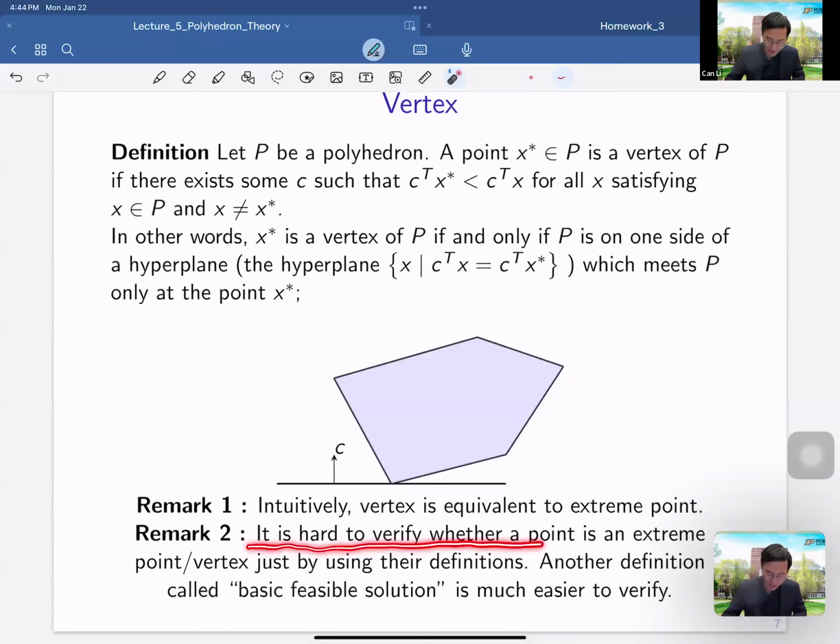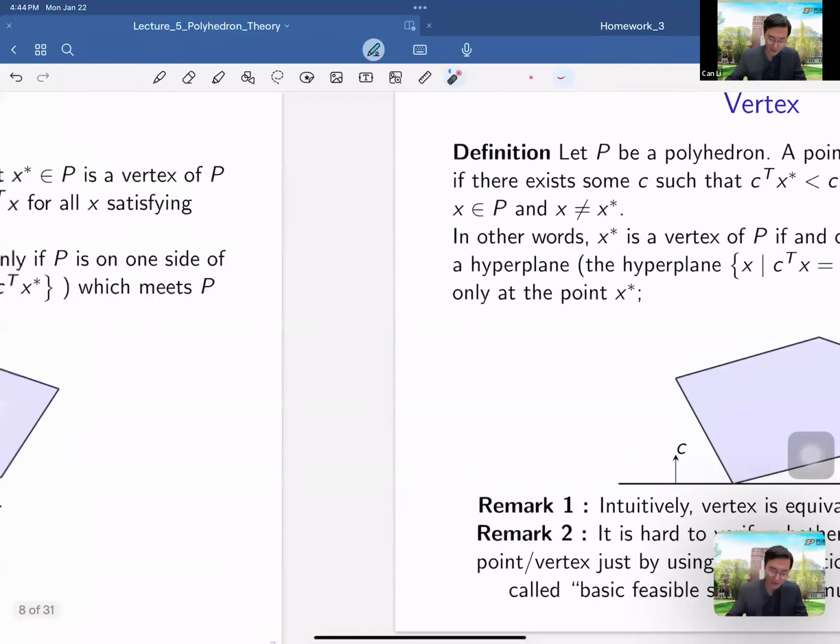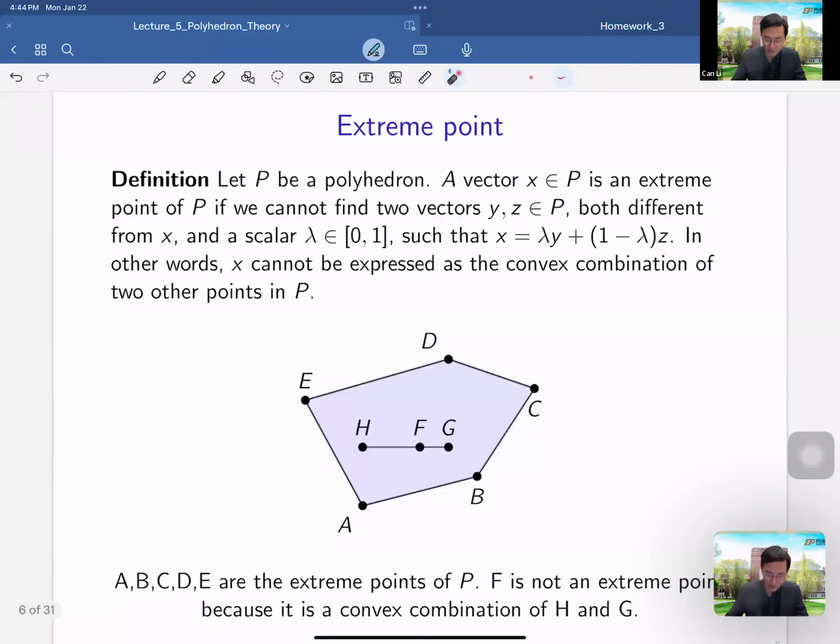It is very hard to verify whether a point is an extreme point or a vertex just using their definitions, right? Because if you look at the definition of an extreme point, if you want to check whether a point is an extreme point or not, then you have to argue that there do not exist two points that are convex.